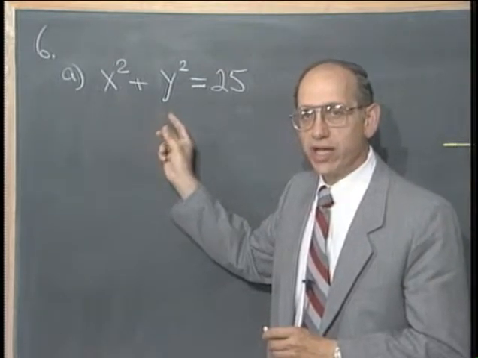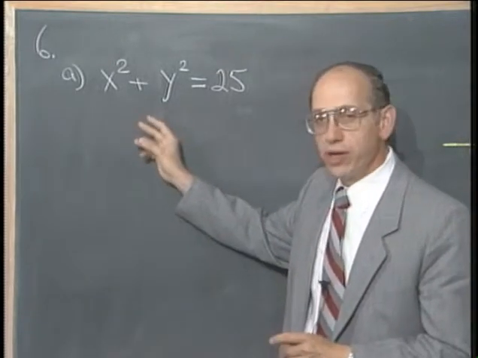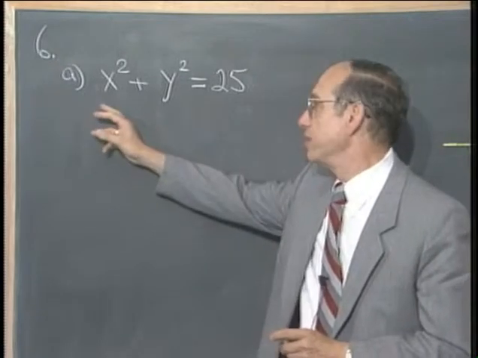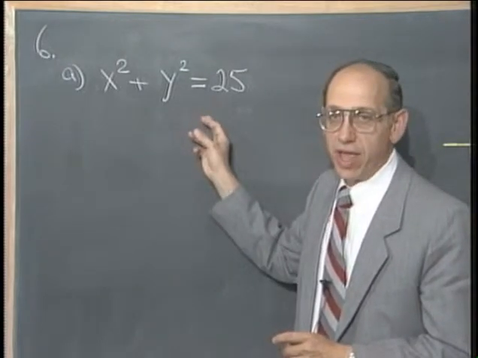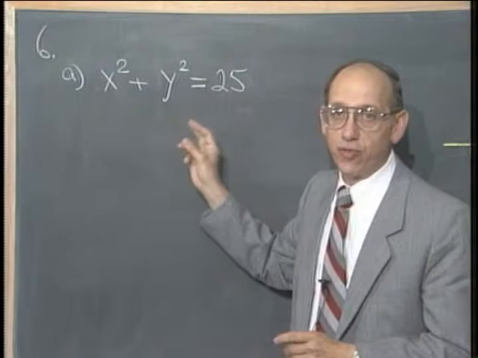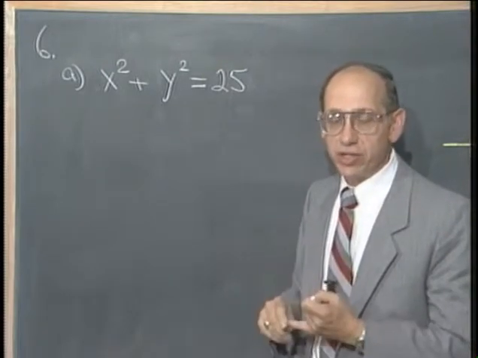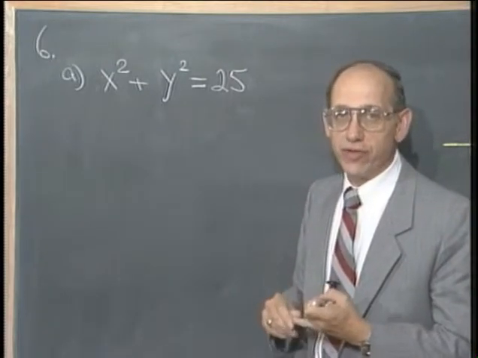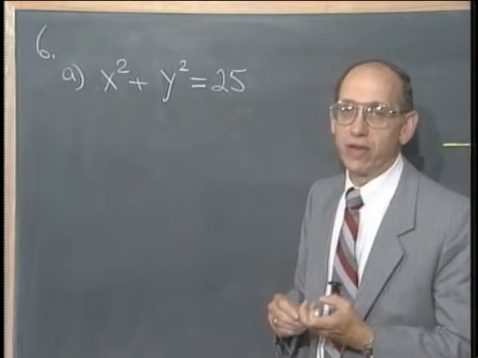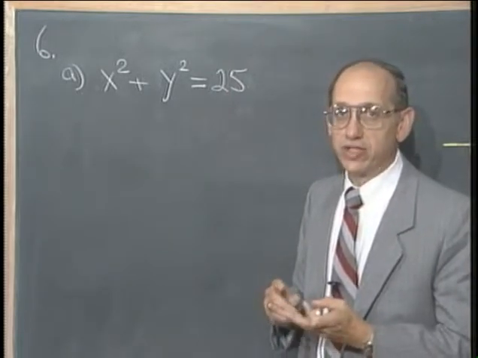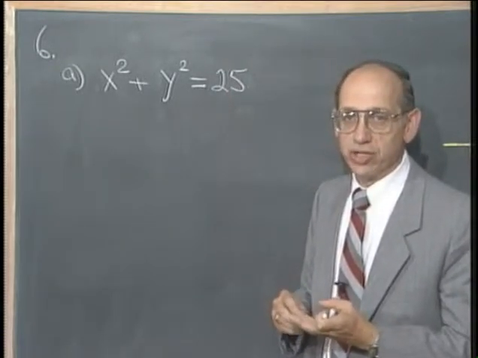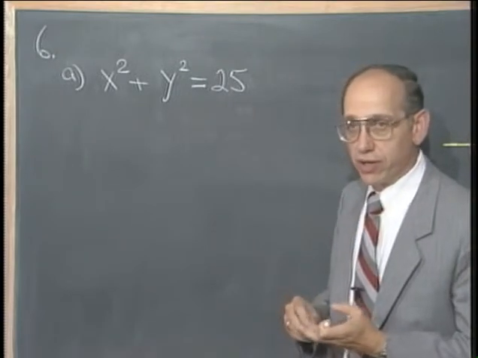Now, we're asked to find the slope of the tangent line to this curve at the point 3, 4. The slope of the tangent line, remember, means the derivative evaluated at that point. Now, let's try to use implicit differentiation to find that derivative.